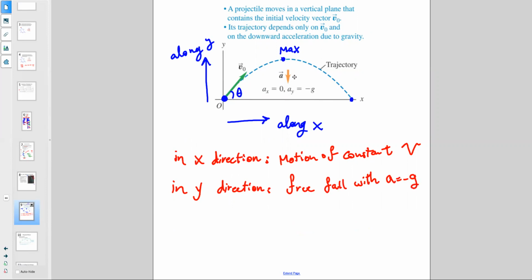G is always down, right? That's our g right there. So along the x direction, we do not have any type of acceleration. It's constant velocity. And along the y direction, it's always a free fall.